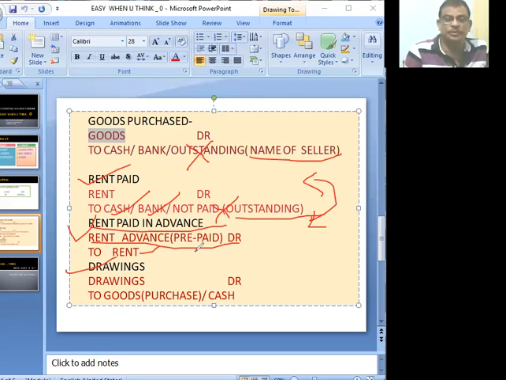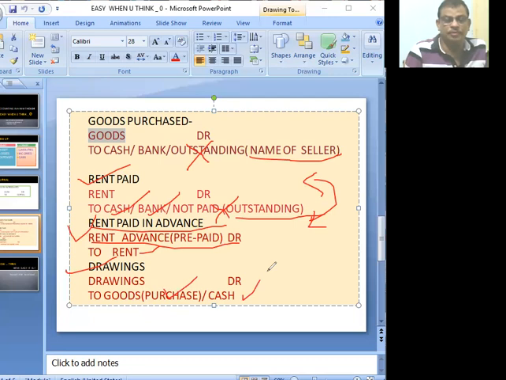But the question comes, if goods are drawn, then at which price will they be taken by the owner? Always the owner prefers to take at cost price, that means purchase price. So in case of goods, you can also write purchase account to purchase, or to cash, whatever you will take.